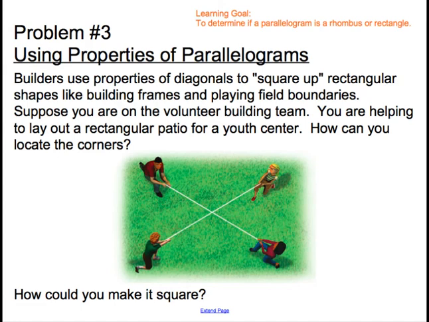In this case, in order for this patio to be a rectangle, we know that it first must be a parallelogram. So we have to force the diagonals to bisect each other. We can do that by forcing the ropes to cut each other in half. So we could locate the center of each rope and mark it with a small black mark from a magic marker, for instance.